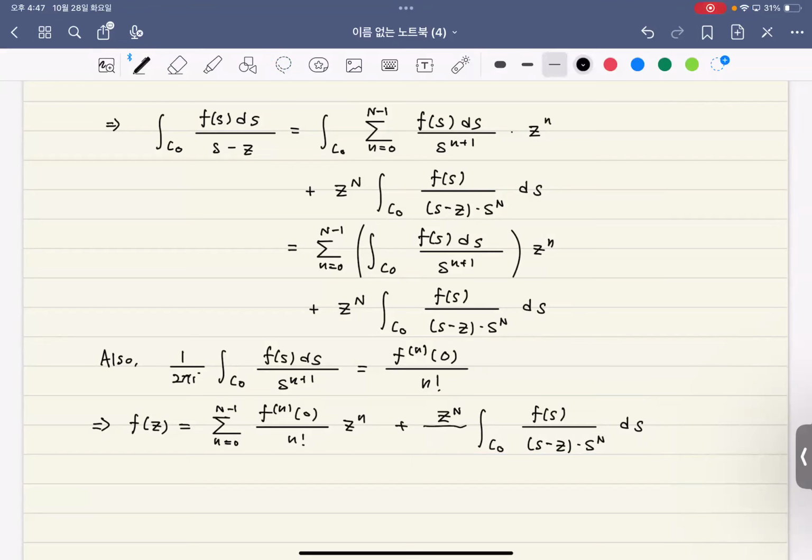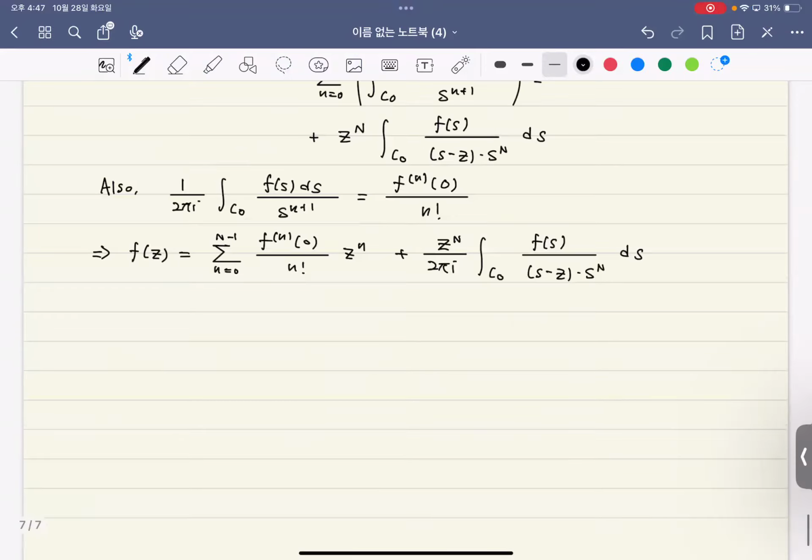Sorry, I already know that I just ran out of time, but give me just one more minute. Thank you. I want to claim that this remainder term tends to 0. How? I want to consider the modulus of this number, and by the triangle inequality it is less than this, and s is assumed to be a point on C0.